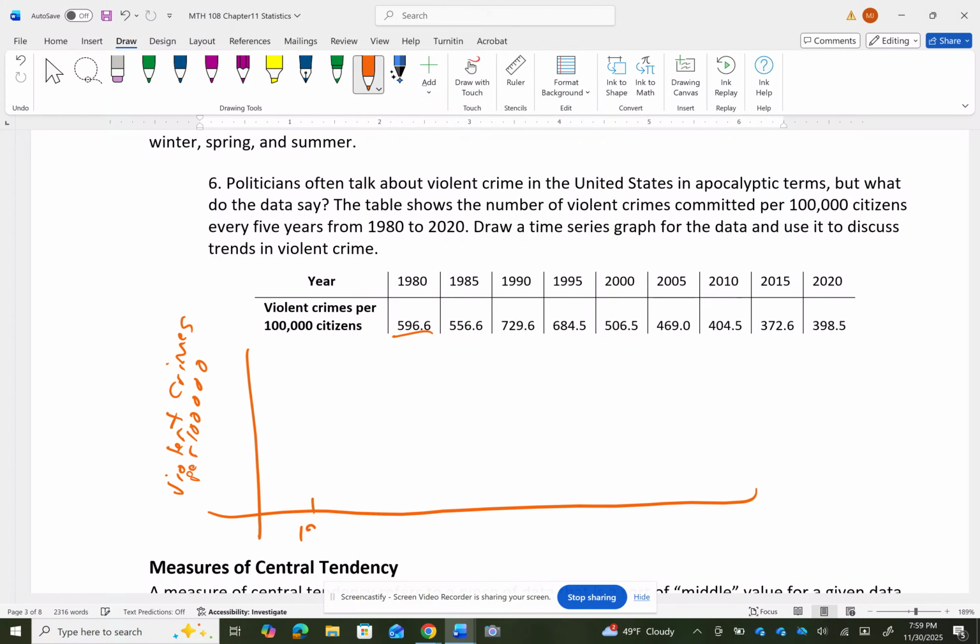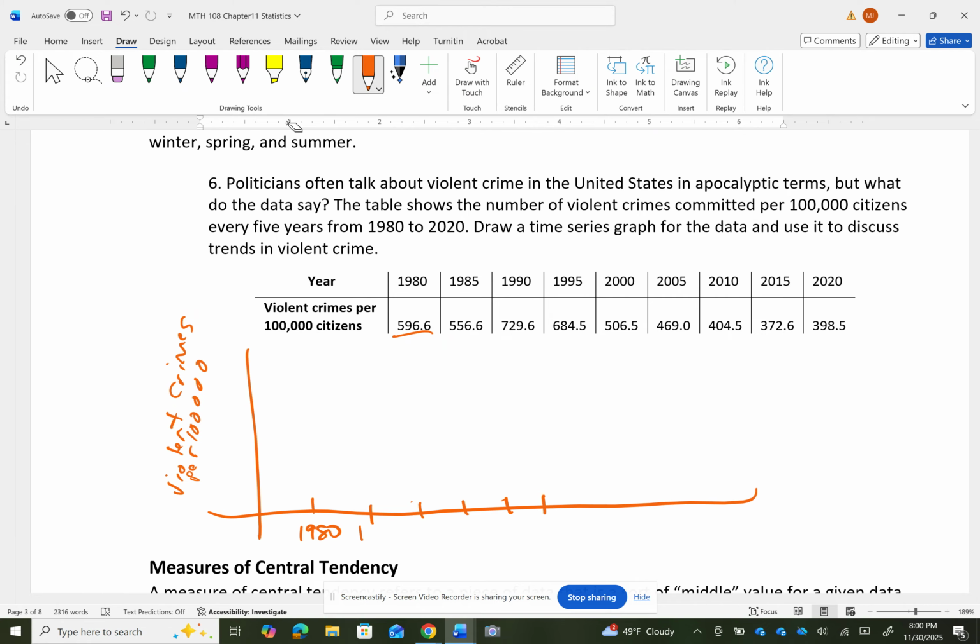So I might have my 1980, and then keep having my little tick marks for the years. Depending on space, I need to go all the way to 2020. So let me see, if I do 1990 and then 2000, going every 10 years, I could stretch that out a little more.